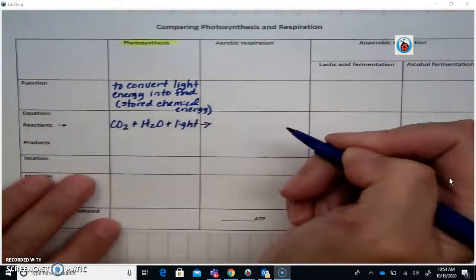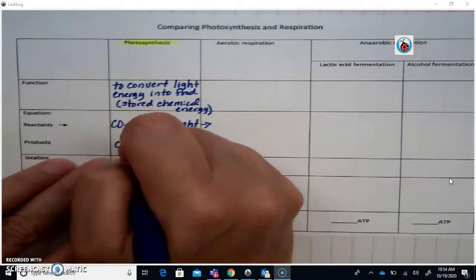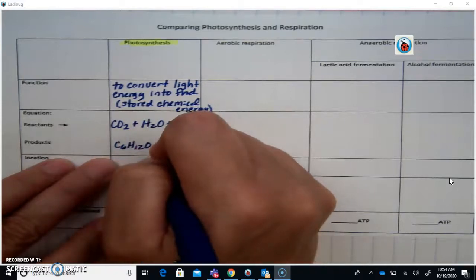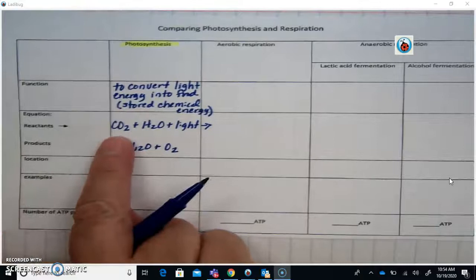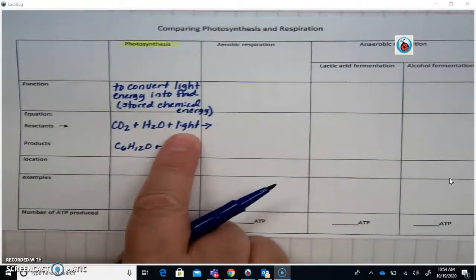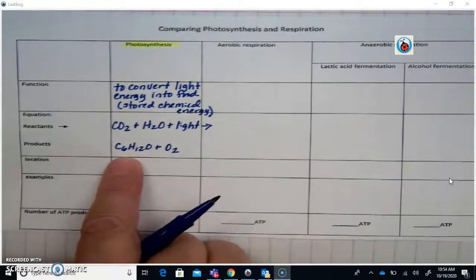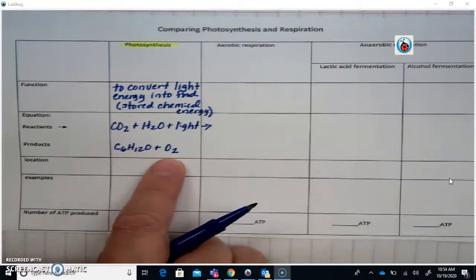That will then yield the products of glucose, C6H12O6, and oxygen is released. So carbon dioxide plus water, again you need light, will produce glucose, C6H12O6, and oxygen is released.